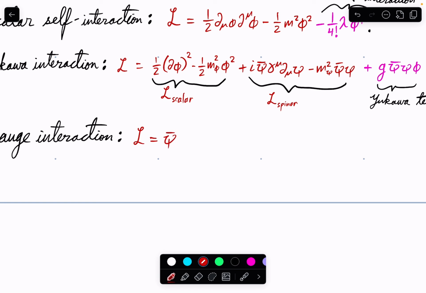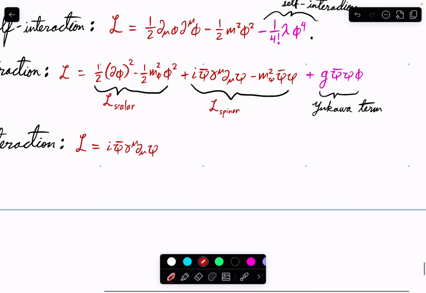We have the spinor Lagrangian right here.